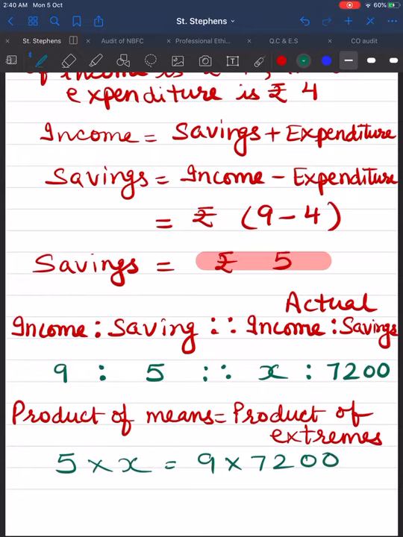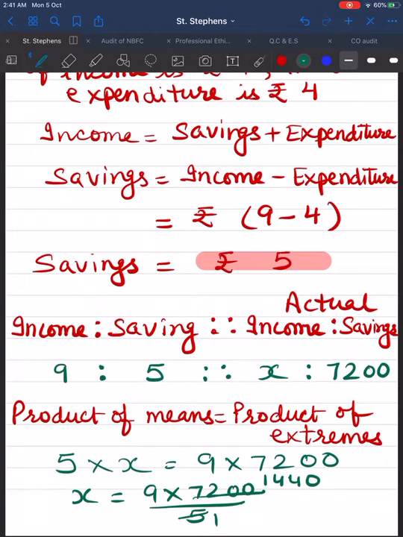Transpose 5 to the other side. So here it is being multiplied. When we transpose it to the other side, it will get divided. So X is equal to 9 into 7200 upon 5. Cancel out common factors. So here we have 5 ones are 5, and here we will get 1440.